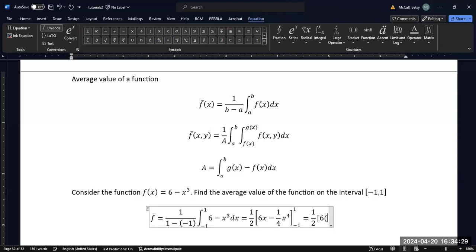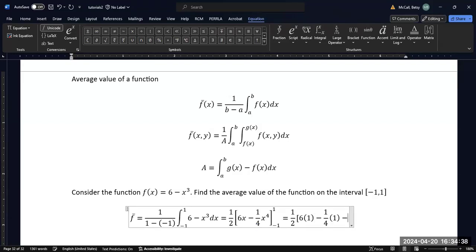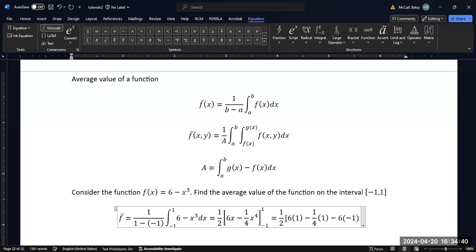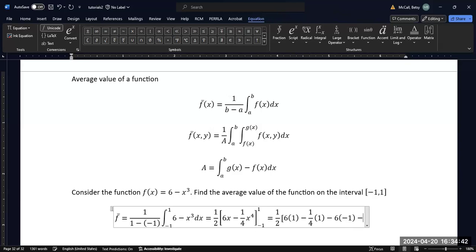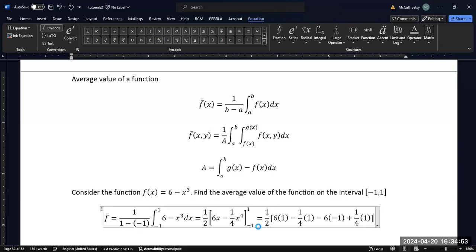So 6 times 1 minus 1/4 times 1 to the 4th is 1, minus 6 times -1, minus a minus will give me a plus, 1/4 times -1 to the 4th is also 1.